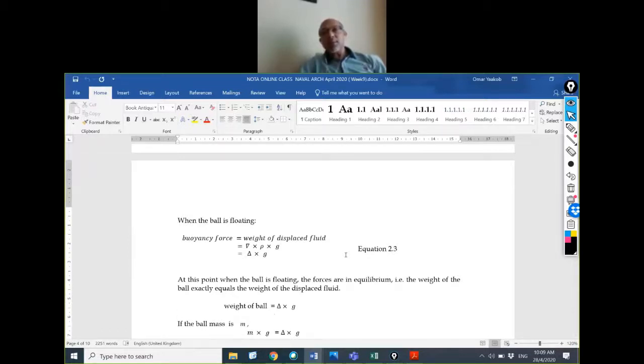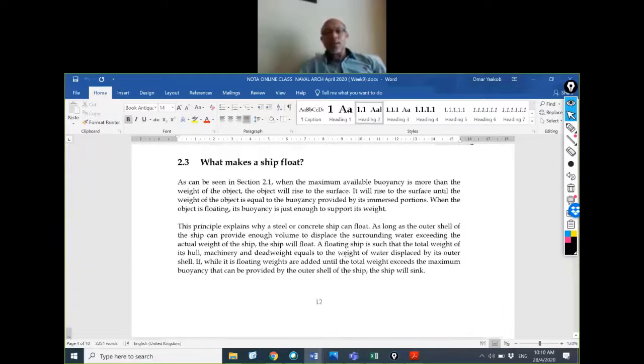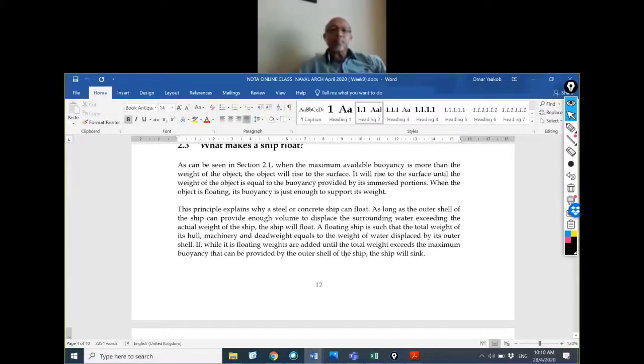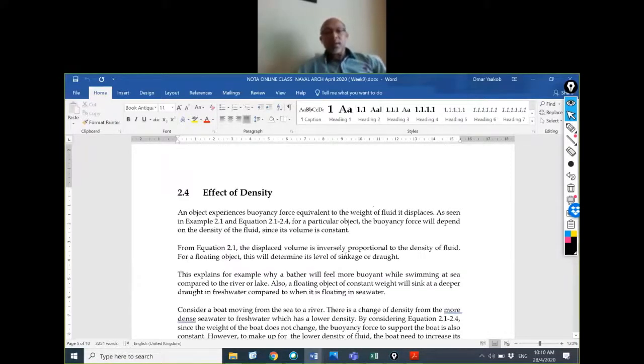So if a ship weighs 2,000 tons, then the weight of the displaced water is also 2,000 tons, and that's the buoyancy force. That's the buoyancy, which is 2,000 tons. Of course the unit is all in tons or kilograms. So that's the idea here.